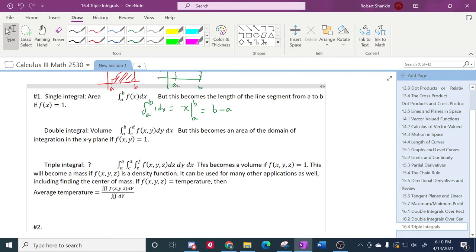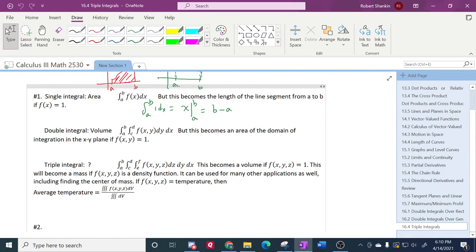But then you get a better estimate if you subdivide it into, let's say, 4 pieces. And then an even better estimate if you subdivide it into 8 different pieces, 8 different cubes that you're taking the volume of, and so on. And each of these little cubes, you're saying, all right, let's take the average density in that cube and multiply it by the volume of the cube.